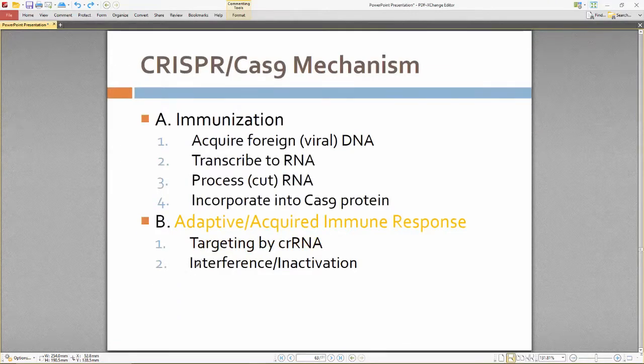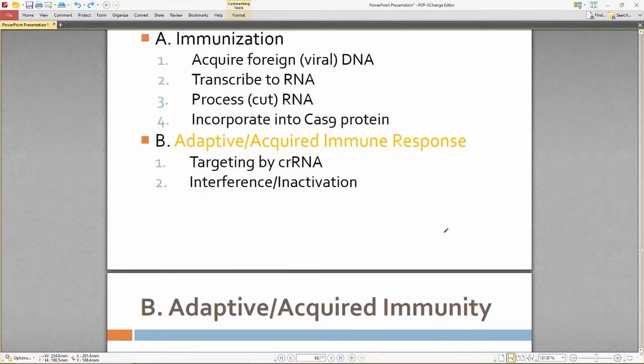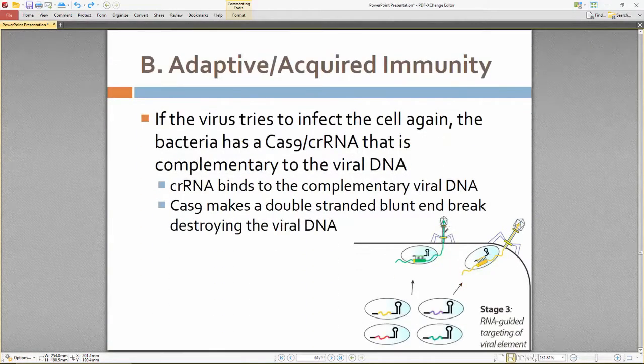Alright, so after immunization, once the CRISPR-Cas9 mechanism is ready to go, it can go through something called the adaptive or acquired immune response. If the same virus that this bacteria has survived tries to infect the cell again, the bacteria has a Cas9 CRISPR RNA complex that is complementary to the viral DNA.